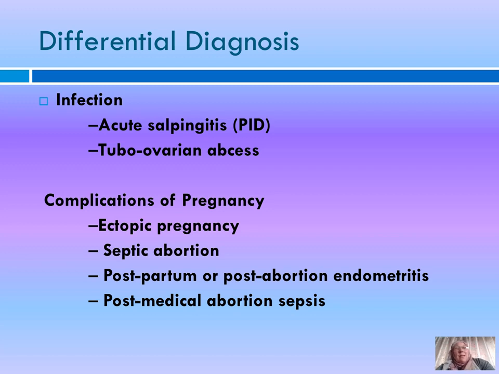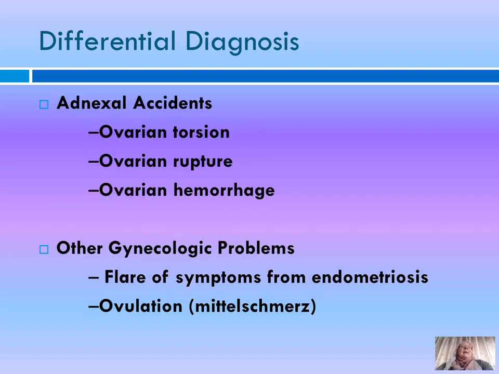It could be a complication of pregnancy, such as ectopic pregnancy, septic abortion, postpartum or post-abortion endometritis, post-medical abortion sepsis. Adnexal accidents can be common, such as ovarian torsion, ovarian rupture, ovarian hemorrhage. And we've mentioned some of those in our list already.